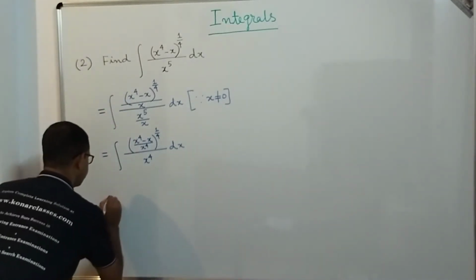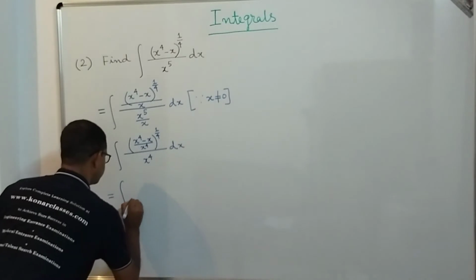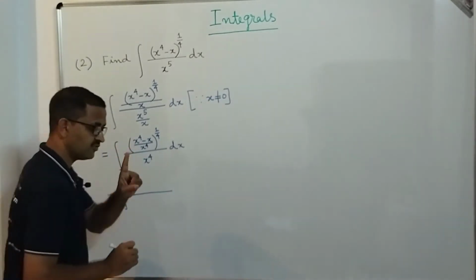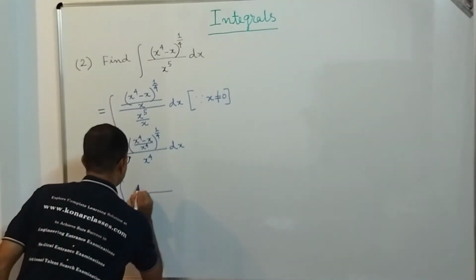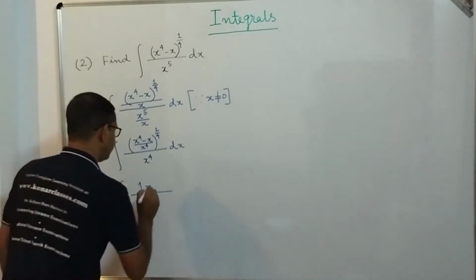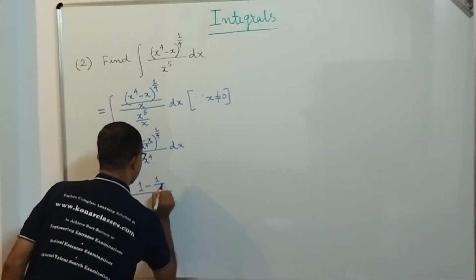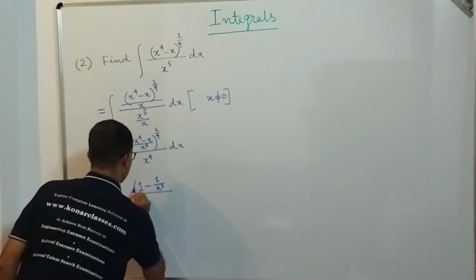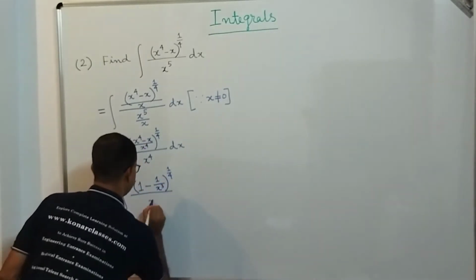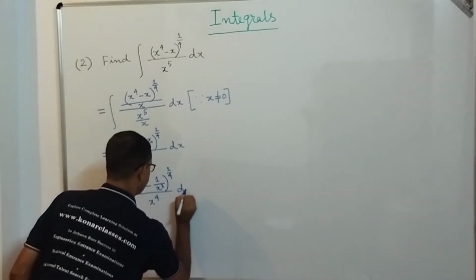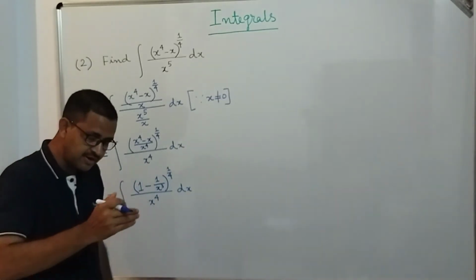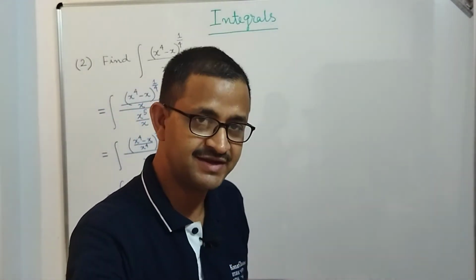So this is equal to the integration, in the numerator, of x to the power 4 by x to the power 4, that is 1, minus x by x to the power 4, that means 1 by x to the power 3, this complete power 1 by 4, and in the denominator x to the power 4 dx. Correct? And hence I said that sometimes we need to think 2 steps ahead. Why so?